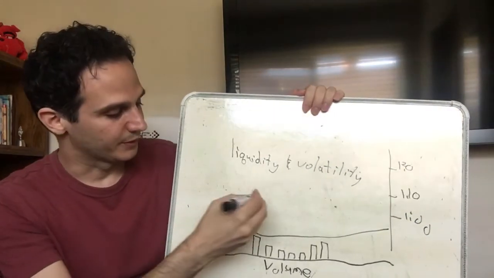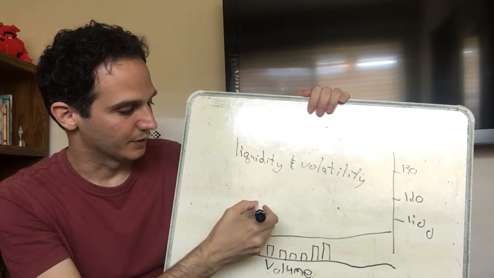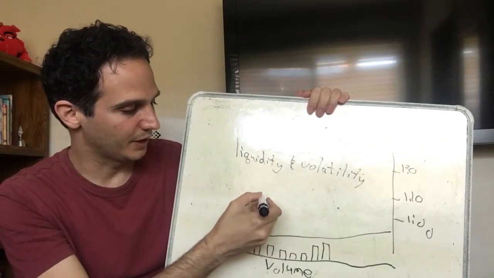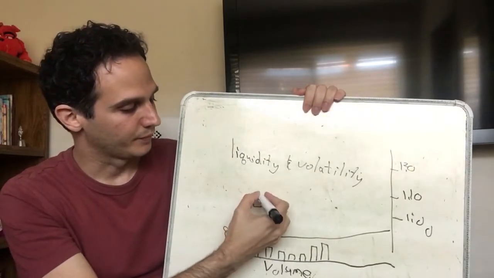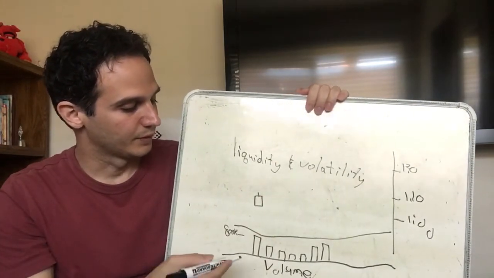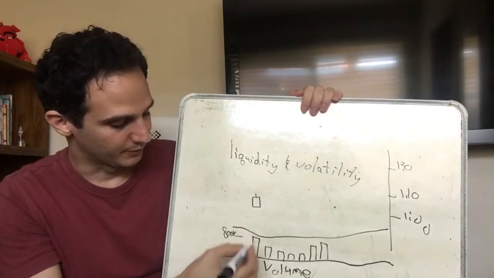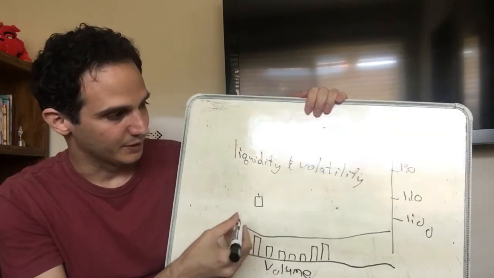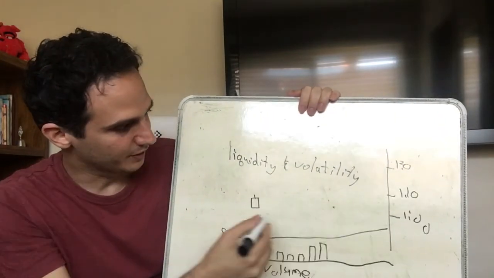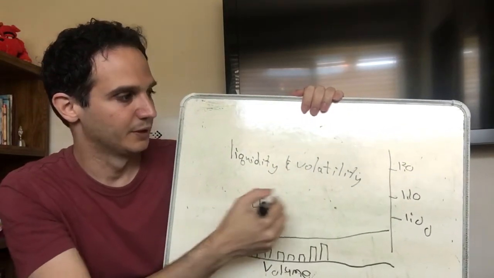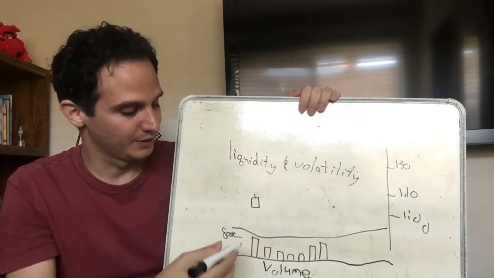So let's say if the stock market opened and there was a green candle, underneath this candle is the volume. And so let's say the stock market opened at $1 and it started to go to about $1.05.